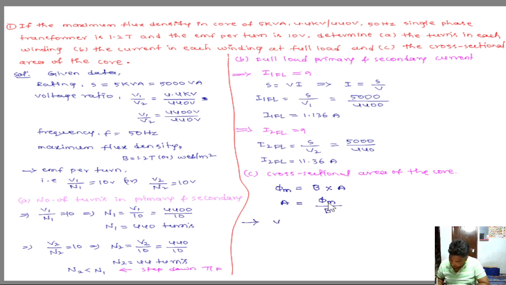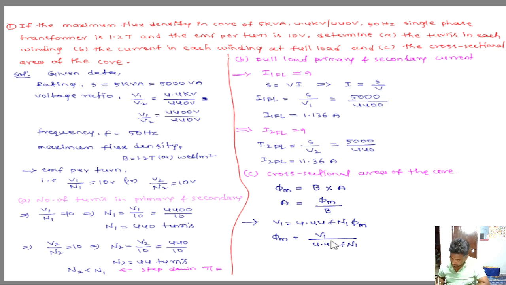V1 is equal to 4.44 F N1 phi m. Here we are considering V1, therefore we consider the number of turns in the primary. From this, phi m is equal to V1 by 4.44 F N1.